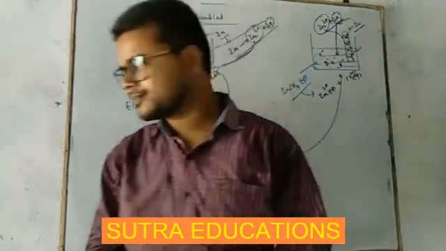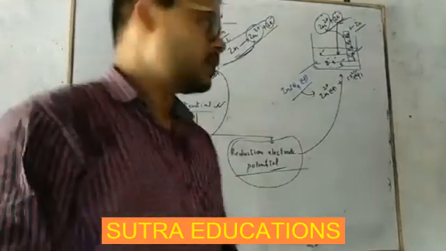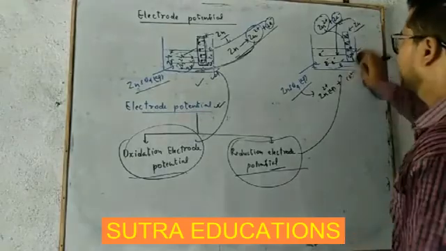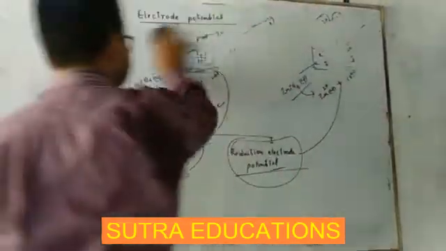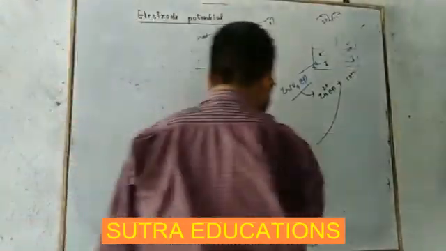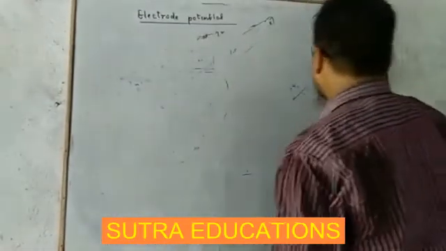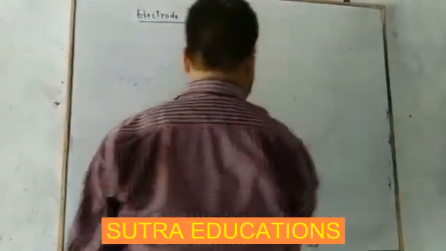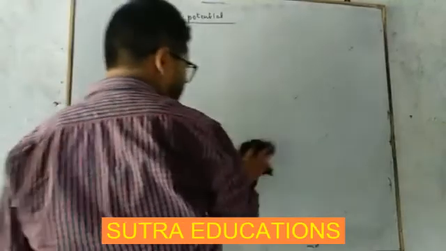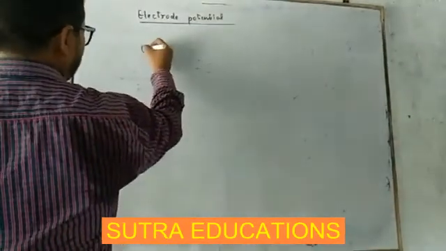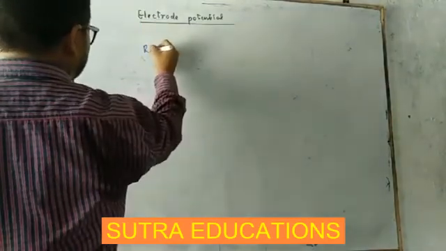Okay, now I want to make one thing clear. I am writing two values: oxidation or say reduction electrode potential.